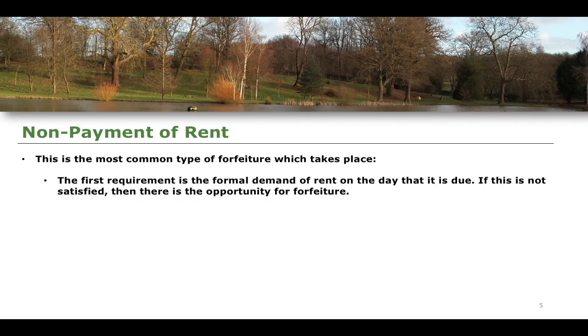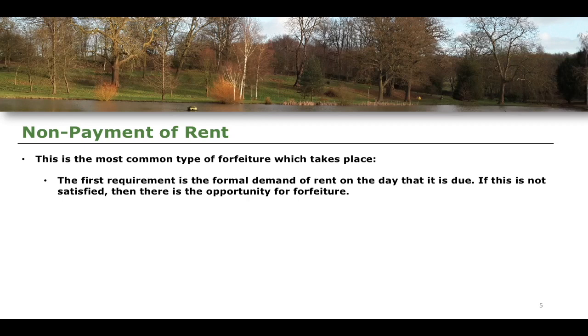Specifically, when we think about forfeiture for non-payment of rent, this is the most common type of forfeiture, given that it is the most consistent type of covenant within any kind of leasehold agreement for which there can be a forfeiture and a termination of the lease.